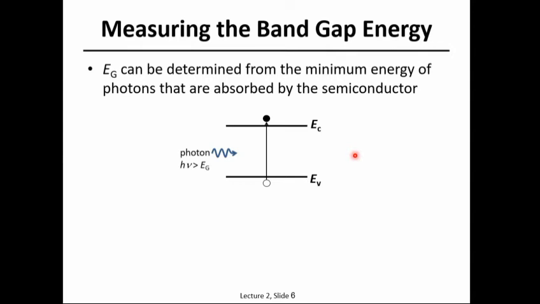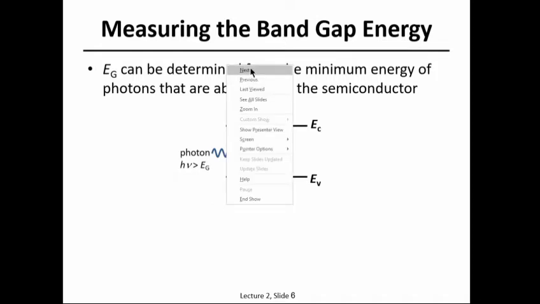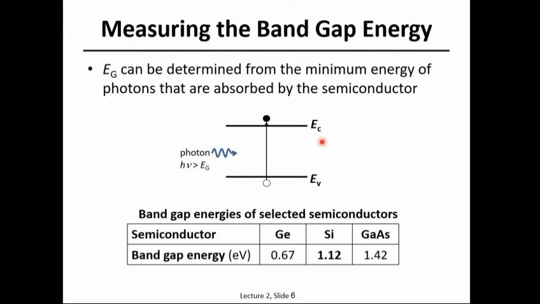Okay, when we are measuring the energy gap, which is EC minus EV, the energy difference between the conduction band and the valence band for a material, we're talking about the minimum energy of photons that is absorbed by the semiconductor. So that's what we are trying to say. As I told you, every material has a fixed band gap energy.